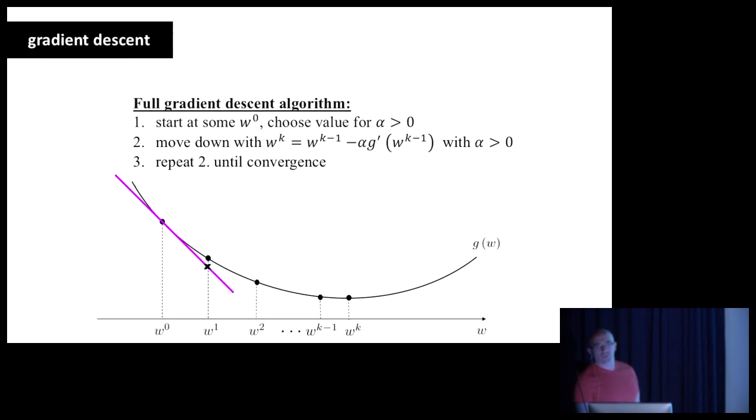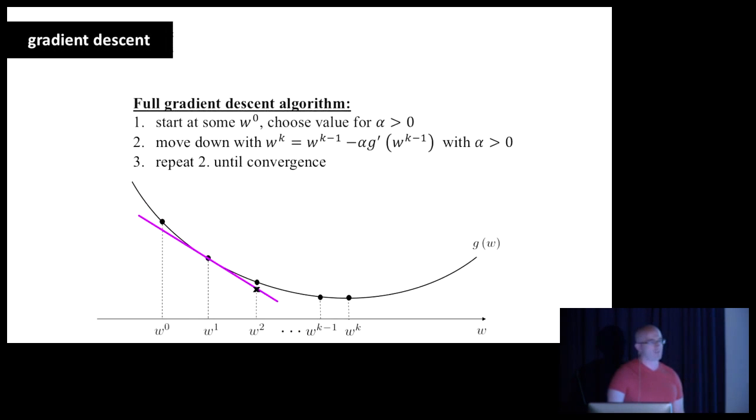Again, what is the gradient descent algorithm? You start off at a point W0, right? You think to yourself, which way is down? Well, I know that the derivative is the slope of the tangent line, and the intuition is, I can figure out which way is down on a line pretty easily. That's just the negative derivative direction at that point. So you take a step downward on the tangent line, you hop back onto the function at W1.